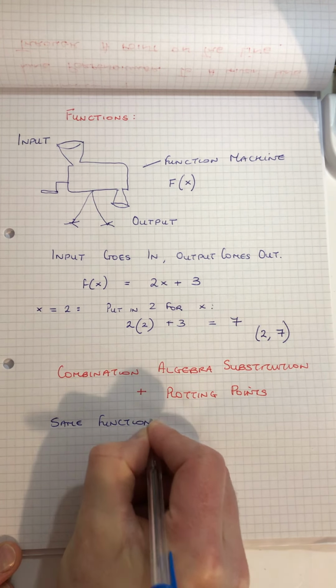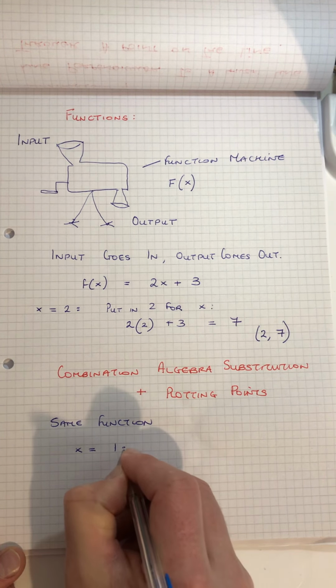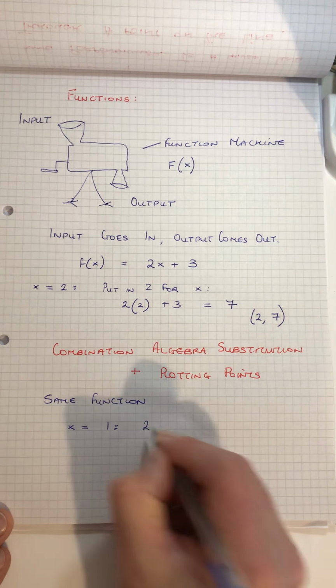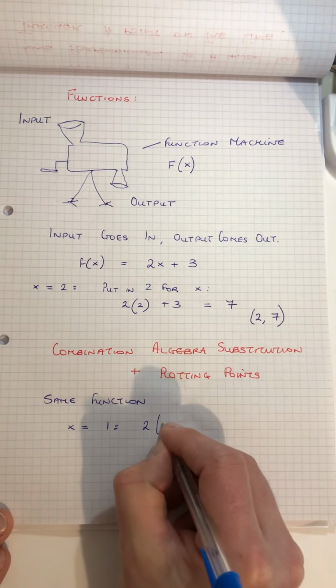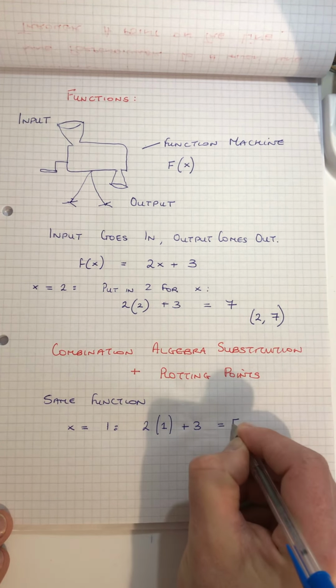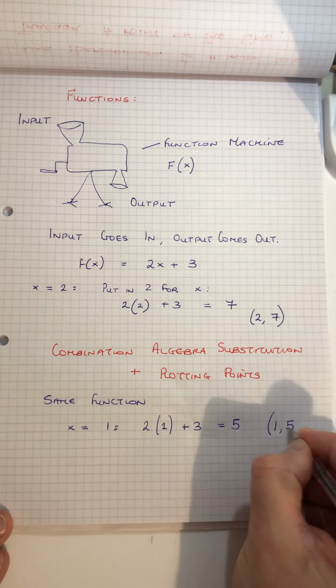If I put in x equal to 1, what would I get out? I'd have 2, take out x and put in number 1, plus 3 would be 5. So I get 1 and 5.